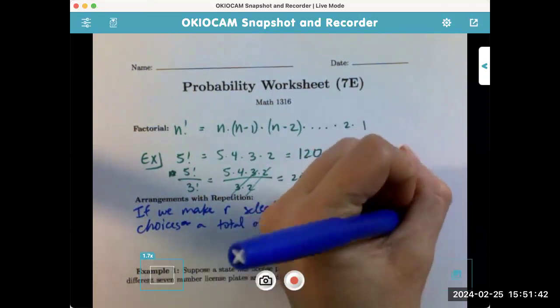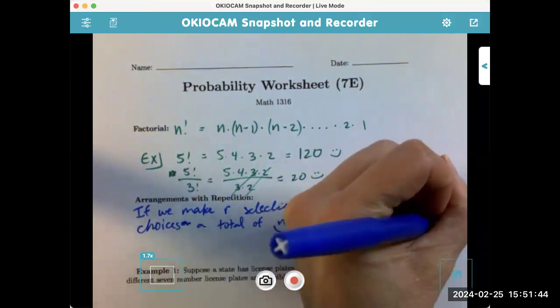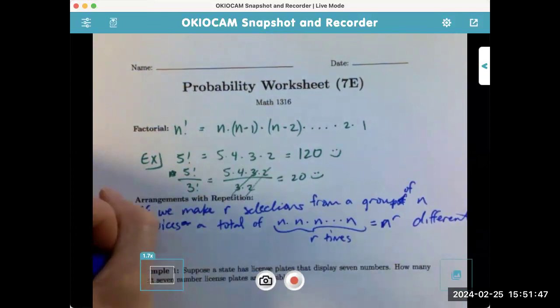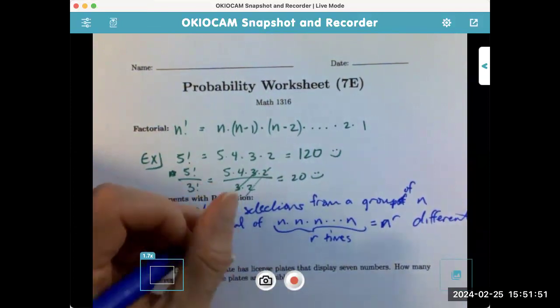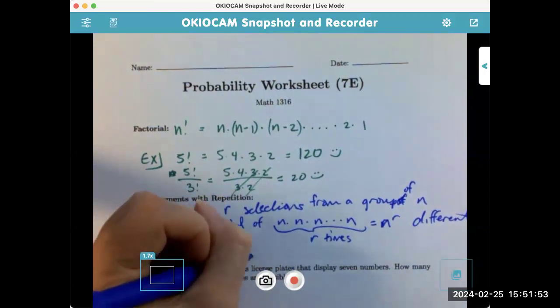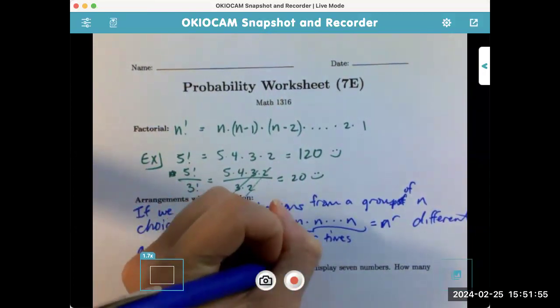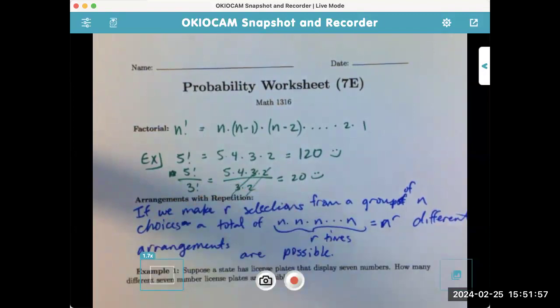Different arrangements are possible. So we've got, if we make our selections from a group of n choices, a total of n times n times n, and so on, r times, equals n to the r different arrangements possible.